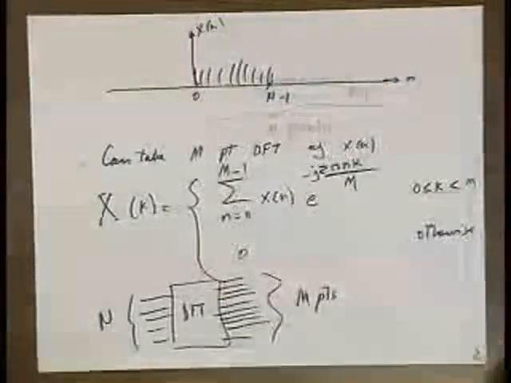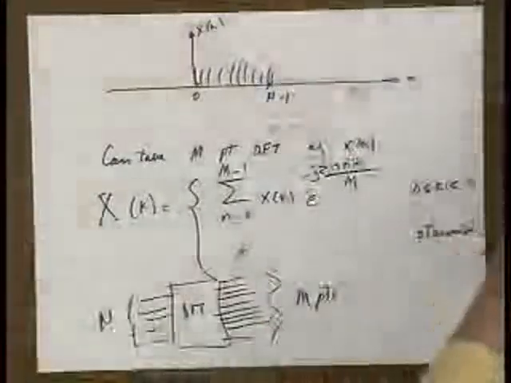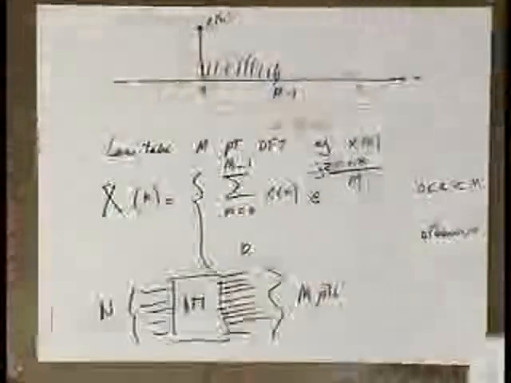So just to make things a little bit more concrete, and I'll explain to you why all of this is important. I'm not trying to torture you in a sadistic way or anything like that. It becomes important when we talk about using DFT to do linear convolution.